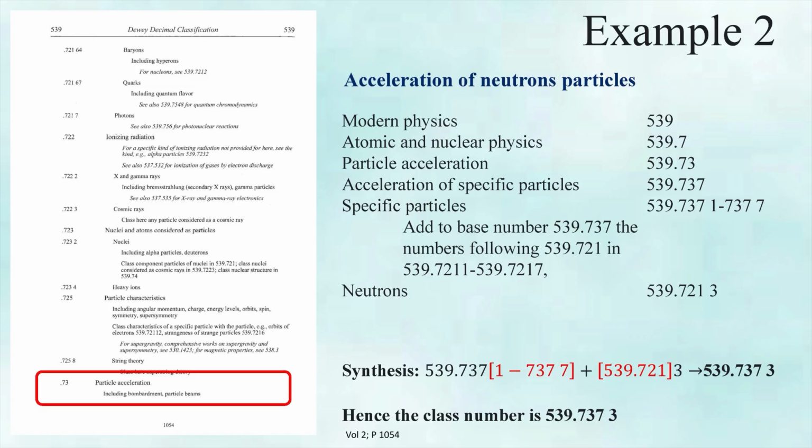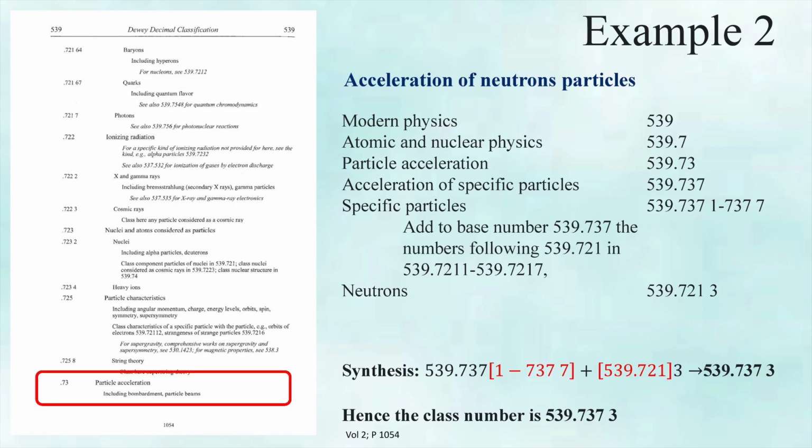If we scroll down in the DDC, we will find the specific particles that we are searching for in 539.737.7, where the note says add to the base number 539.737, that is the number for acceleration of specific particle, the number following 539.721 in 539.7211 to 539.7217.